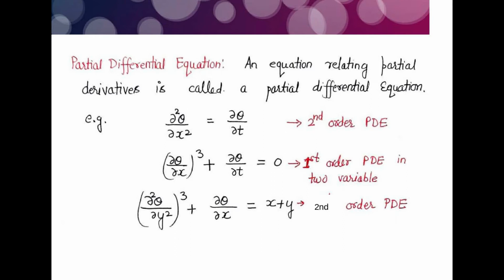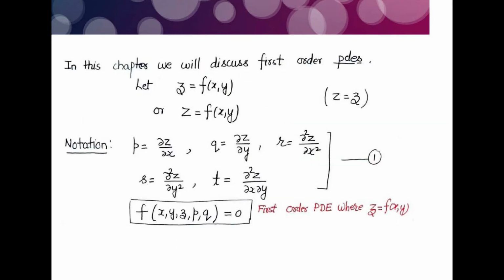So this one is second order, please correct it, this is a second order partial differential equation. In this lecture we will discuss first order partial differential equations, where I will take z as a function of two independent variables x and y.